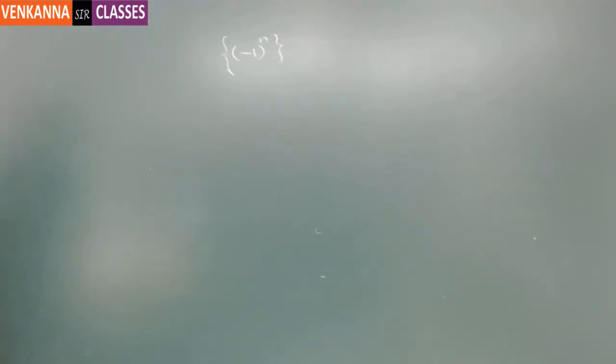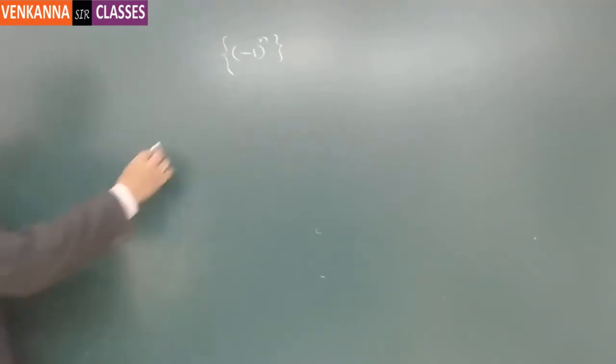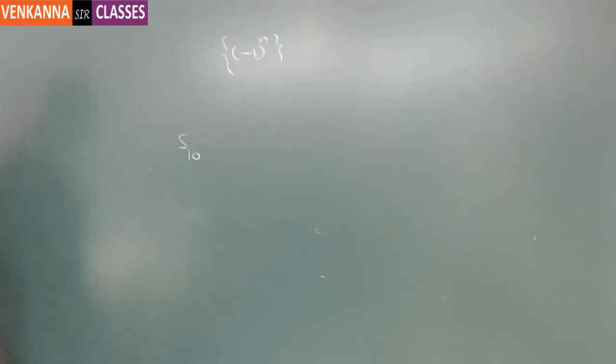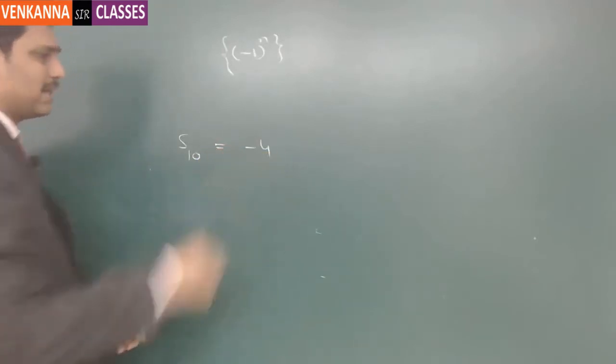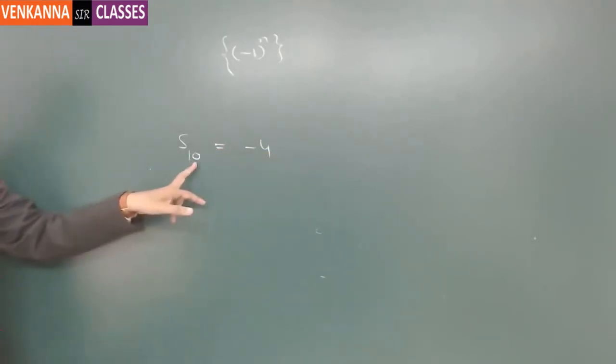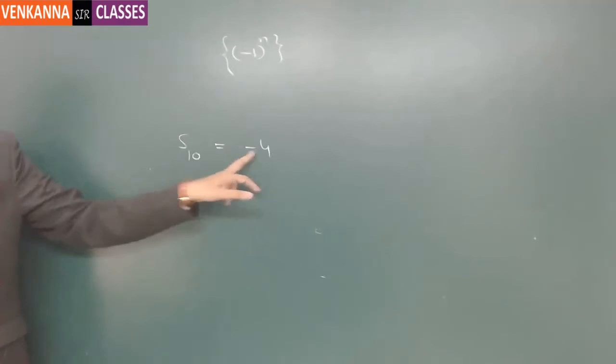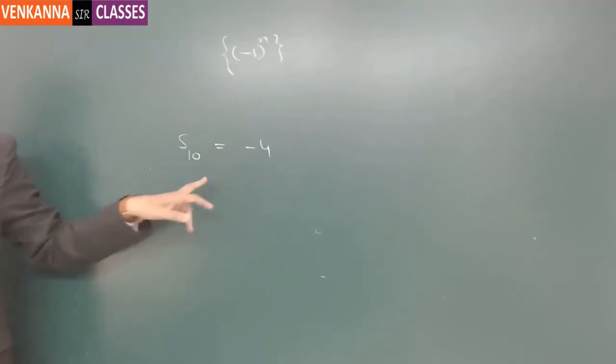We are not finding a term value, we are finding a term number. If I write S10, it means I am writing the 10th term of the sequence. You cannot find a -10th term, it is not practically possible, right? You should distinguish that if I say S10 is equal to -4, the 10th term of the sequence is -4. That is the actual meaning here.